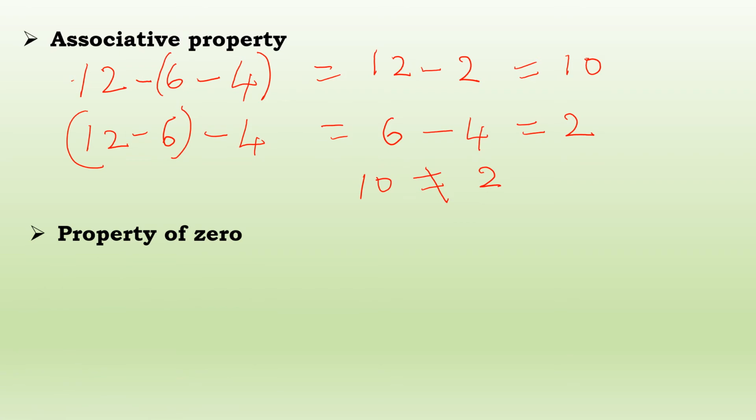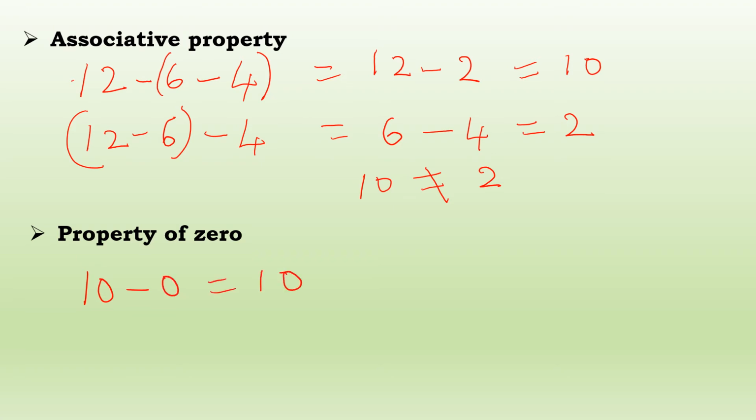Next is the property of 0. What happens when a number is subtracted by 0? The number remains unchanged. So we can say a number remains unchanged when 0 is subtracted from it. For example, if I am subtracting 0 from 10, what do I get?